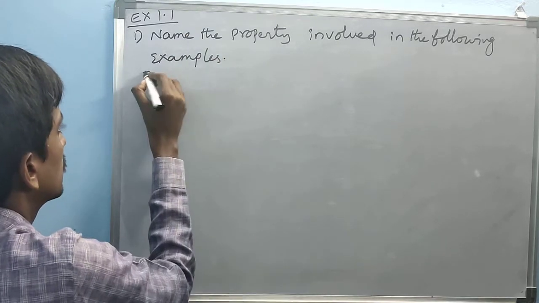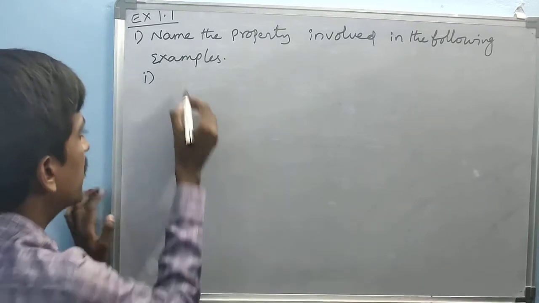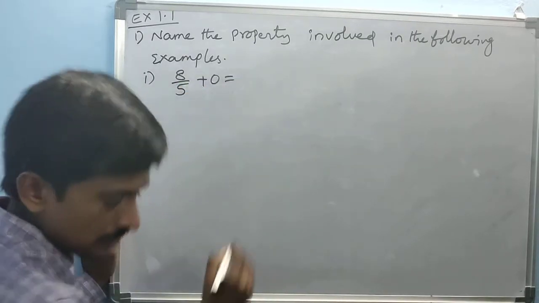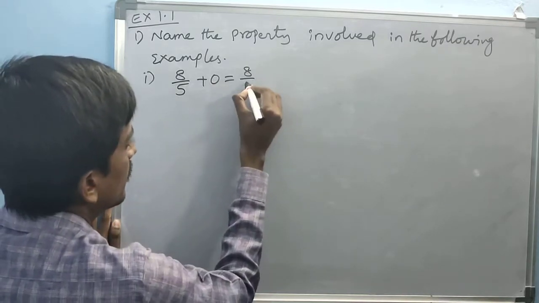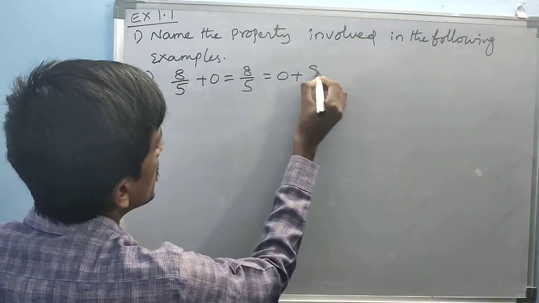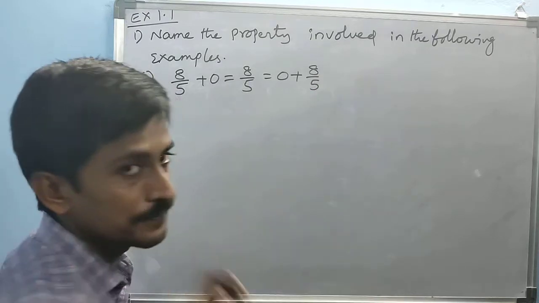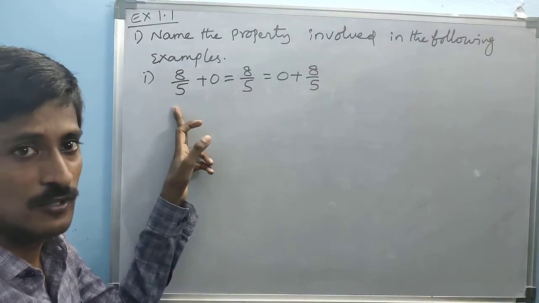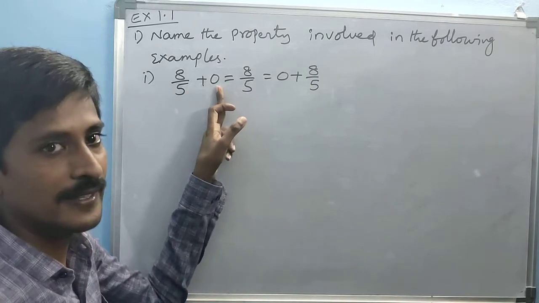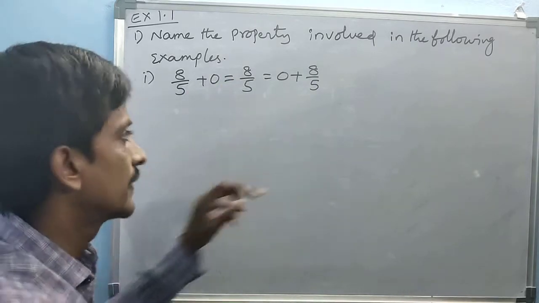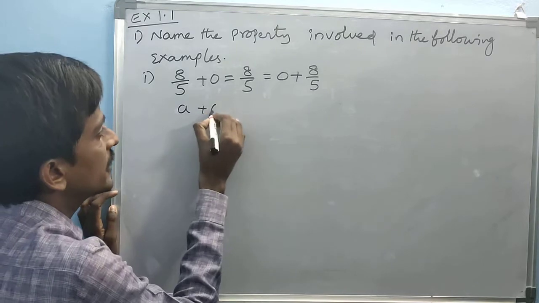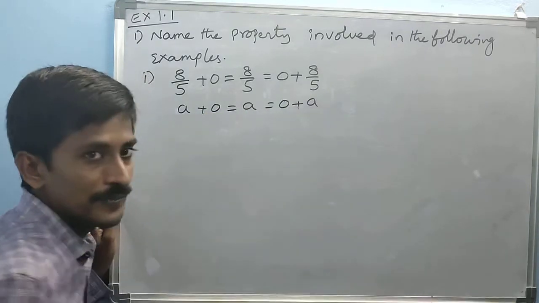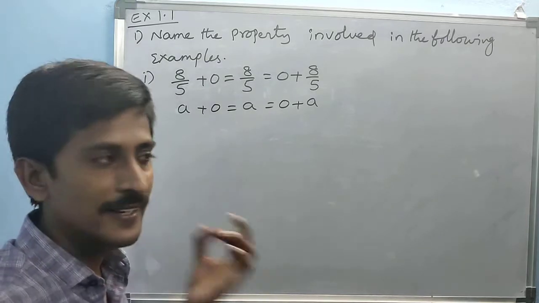First one, 8 by 5 plus 0 equals 8 by 5, which equals 0 plus 8 by 5. If 0 is added to a given number, it gives the same number. A plus 0 equals A equals 0 plus A. What is the property?